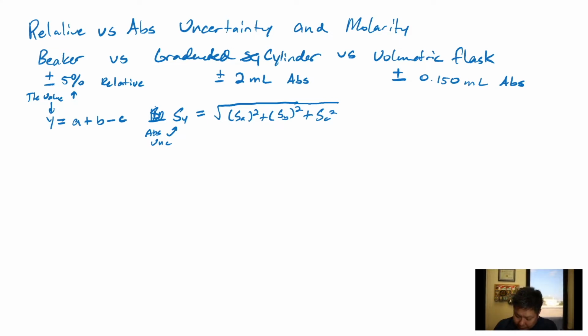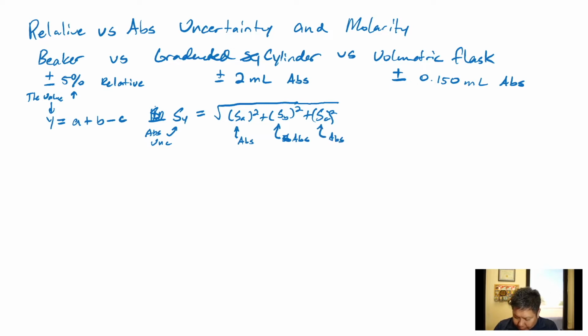Let's put parentheses around that. There we go. So when you look at this, this would just be the absolute uncertainty for the first measurement you have, the absolute uncertainty for the second measurement you have, and the absolute uncertainty for the third measurement you have.